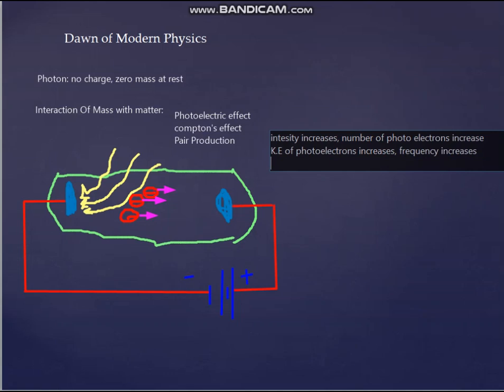For example, the electrons need maybe 10 joules of energy to eject. If you're giving it 9.9 joules, 9.99 joules, or even a little less than 10 joules, they would not eject from the surface.